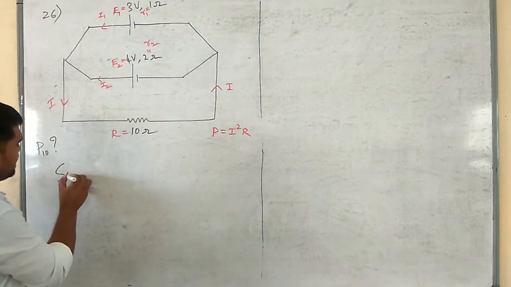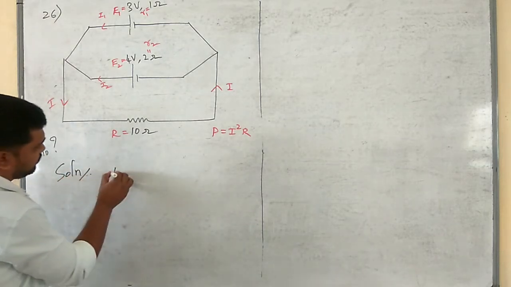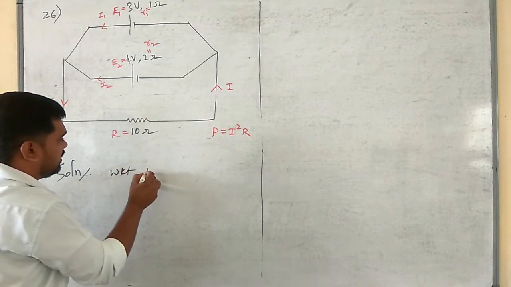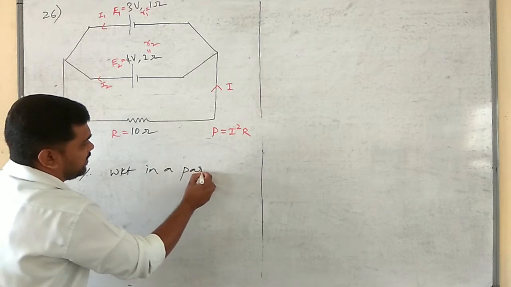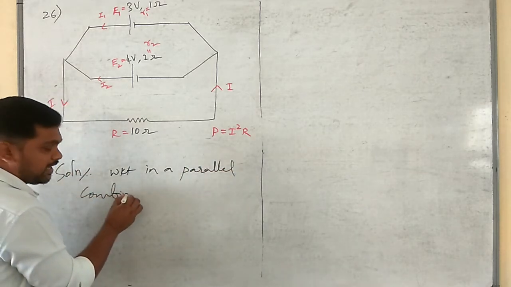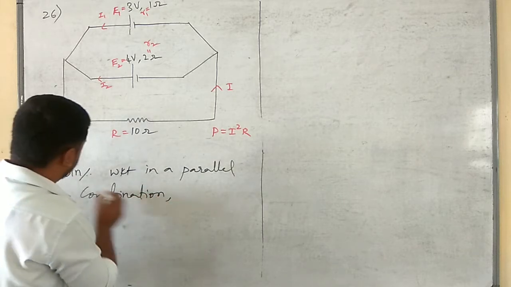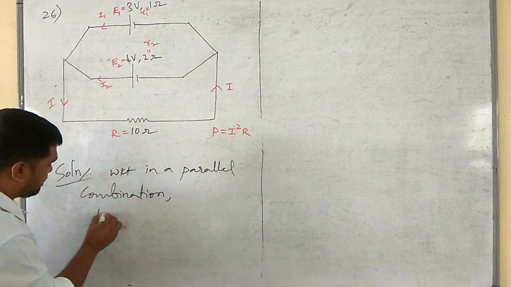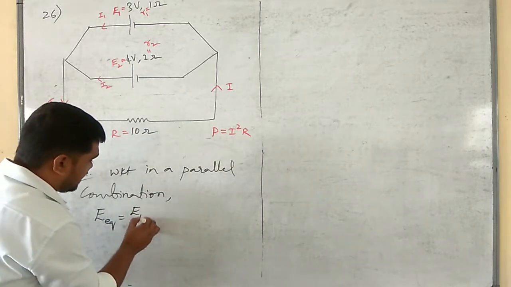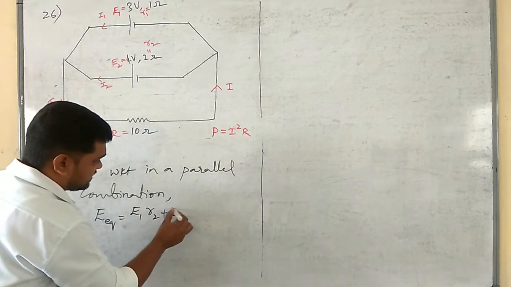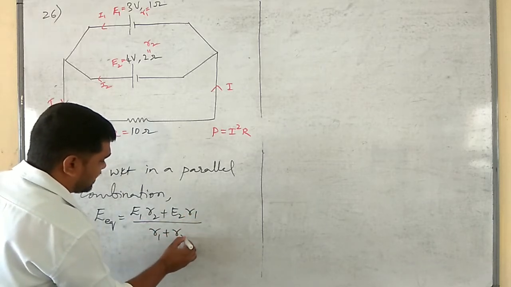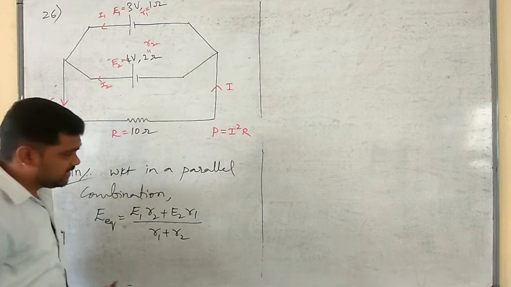In a parallel combination, we know that E equivalent is equal to E1 R2 plus E2 R1 divided by R1 plus R2, isn't it?